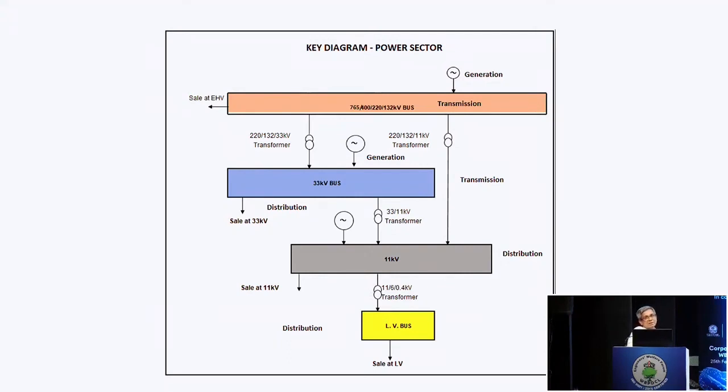In most of the cases, distribution companies or licensees receive power at lower voltage, 33 kV, 33,000 volts and below. However, in few cases, they also receive power at extra high voltage, 132 kV or 220 kV, etc.